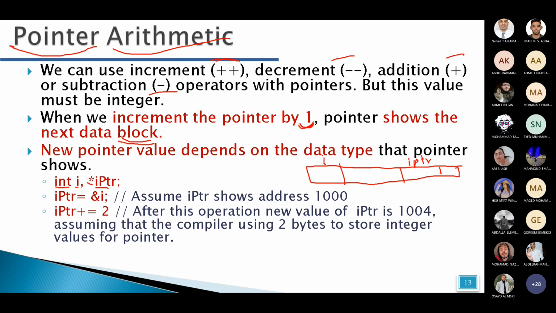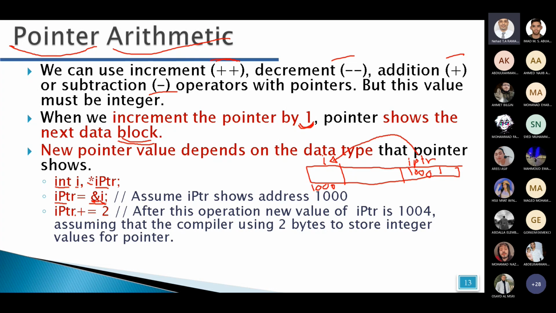Then we say IPTR equals the address of I. So we make IPTR point to I. Imagine that I has address 1000. So IPTR value is the address of I, so it has 1000. So we imagine that IPTR points to I.